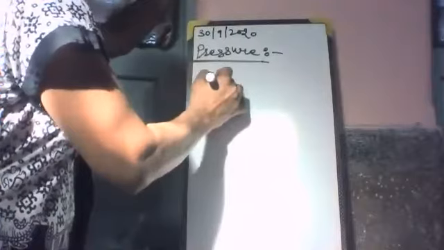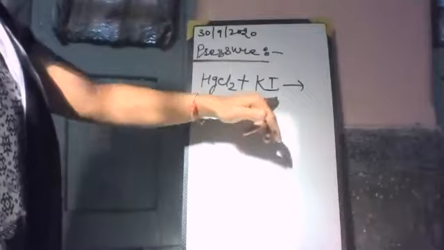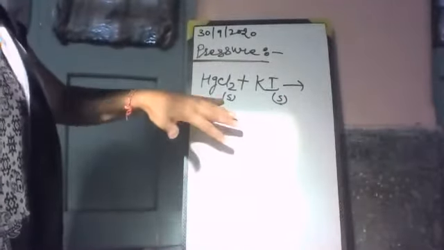The example is mercury chloride, HgCl2, and potassium iodide. Both are solid, and they are crushed in a mortar. When they are crushed in the mortar, we apply force. It gives a scarlet colored substance called mercuric iodide.